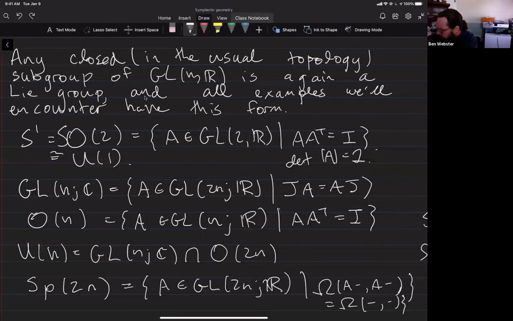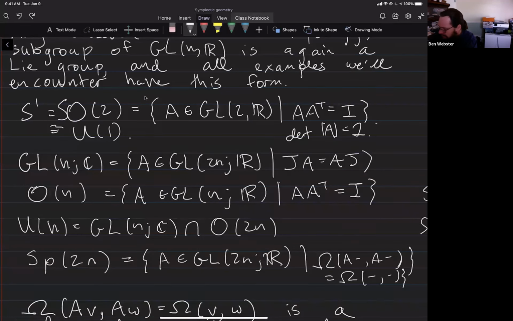All right, so what are other things we can do? Well, we can look at GL_n(C). Now, you can also think about that as an open subset of a manifold, C^(n^2), with the condition that the determinant is not 0.